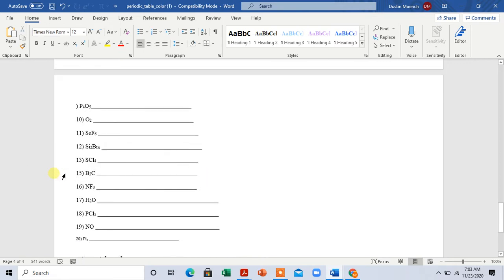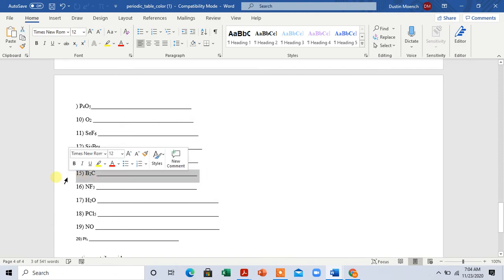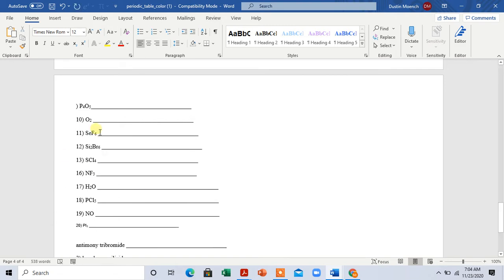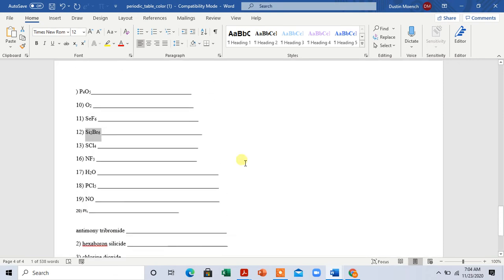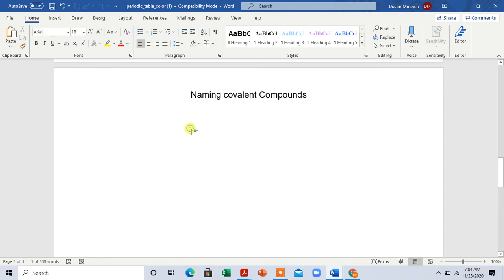I'm going to grab one example so that we can use it when we're learning the naming rules. And then naturally, it will follow from how we learn to name them. We can work backwards, so we can write the formulas, and it will be pretty straightforward, so we can do it in the same time.